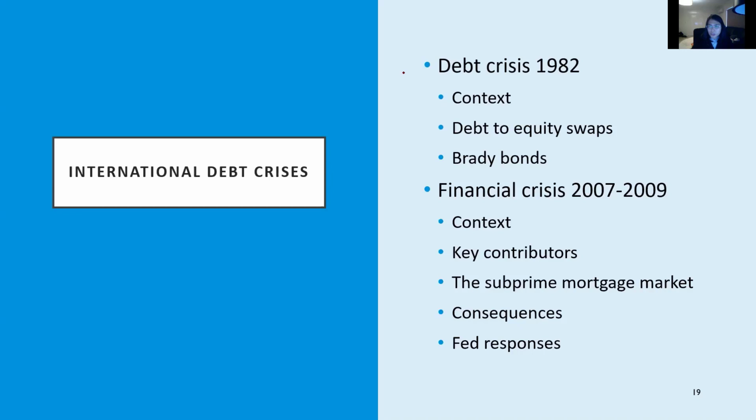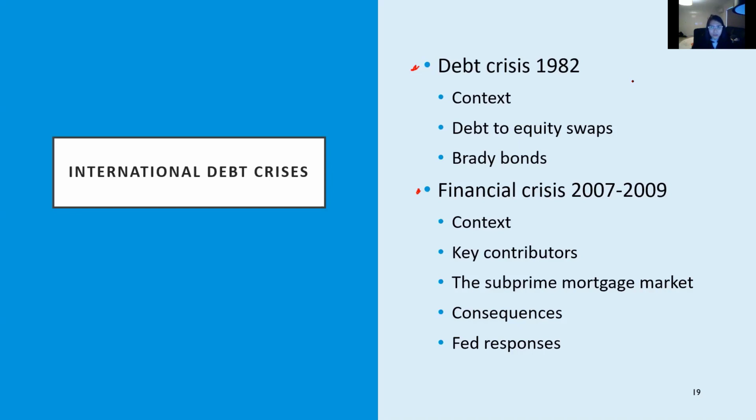The key difference between the two crises is the complexity of the financial instruments used. Back in 1982, there were not many financial innovations around, so technology was not that great.